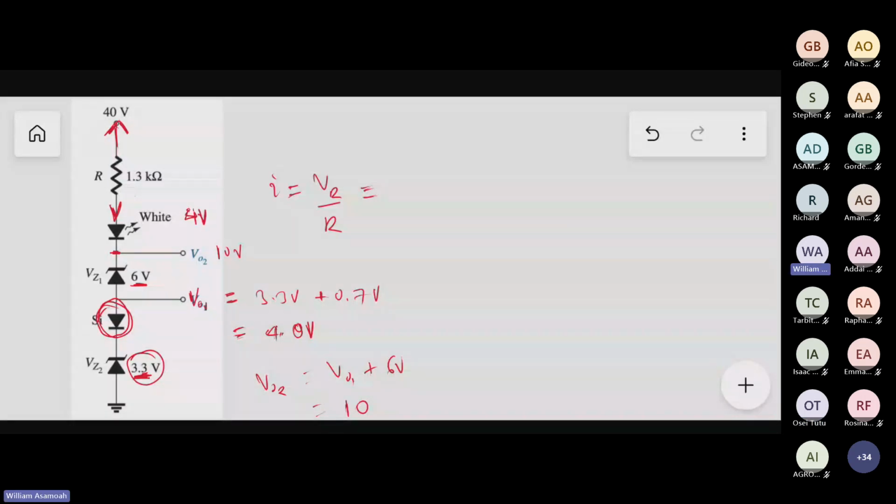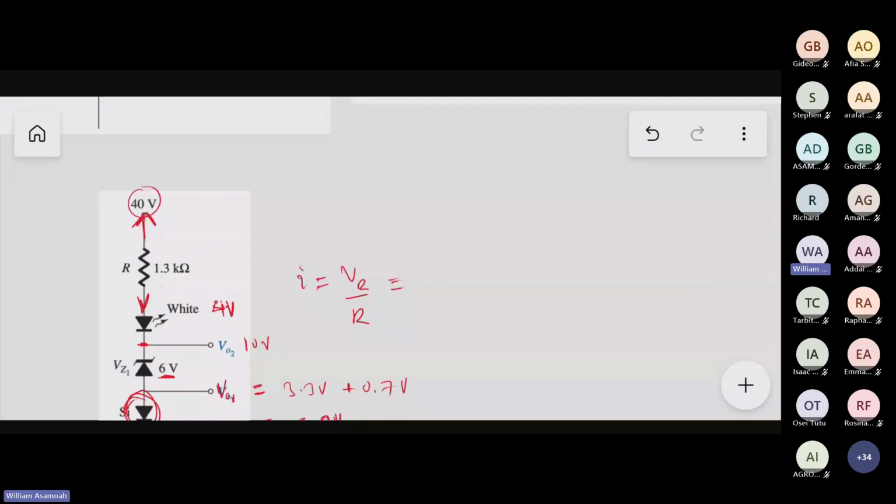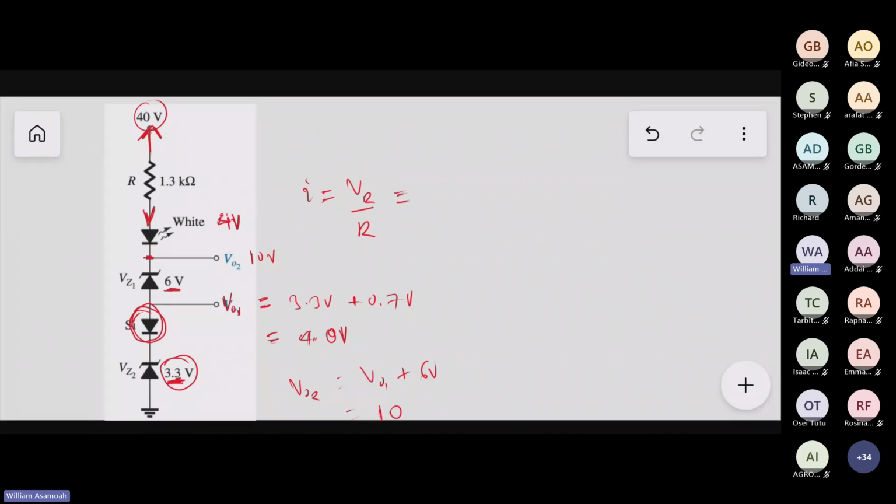So that means we have 40 volts at the source. Then we have 4 volts and 10 volts here. That means all of the remaining voltage now appears across the resistor.